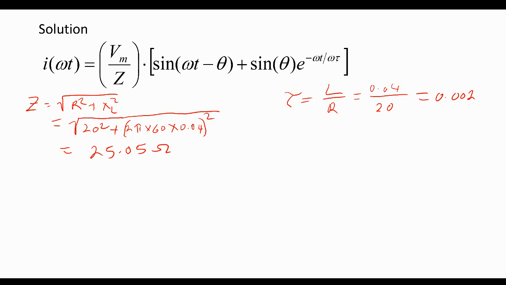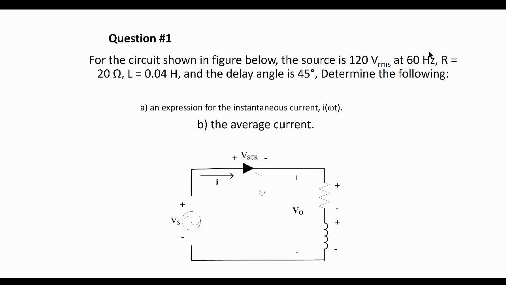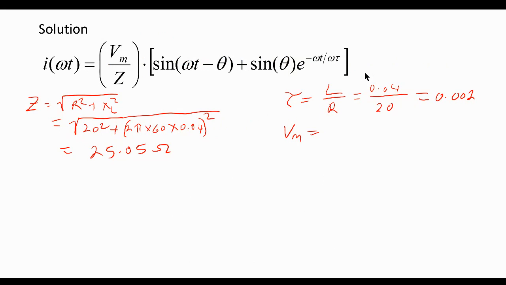All right, so now you have those values and can start putting it into a form. What is the peak VM? You're told that you have 120 V RMS, so the peak is going to be 120 times root 2.